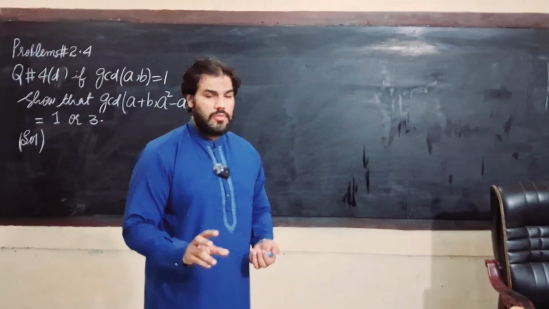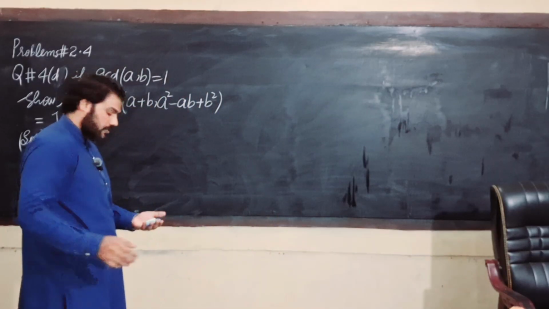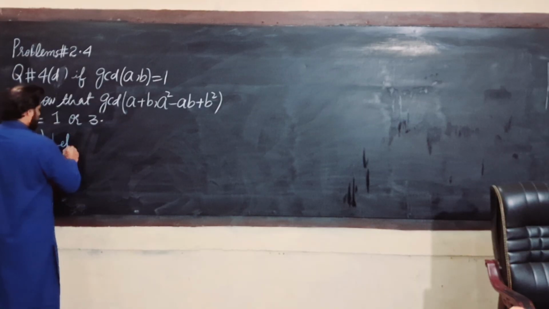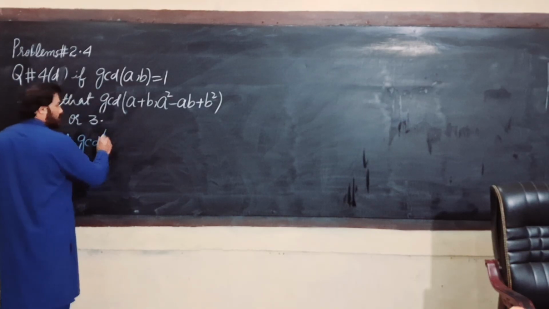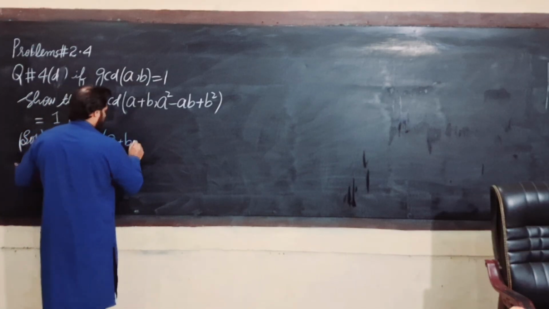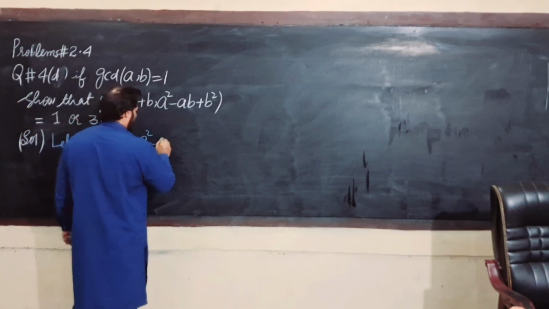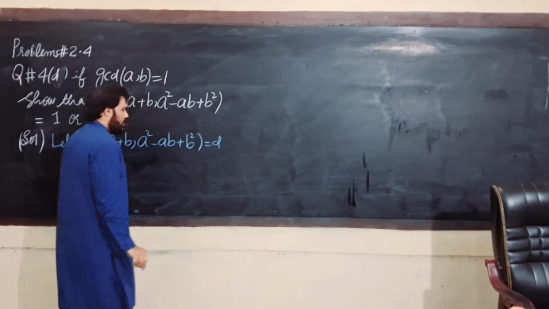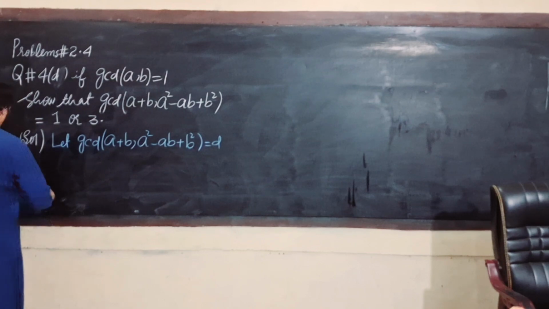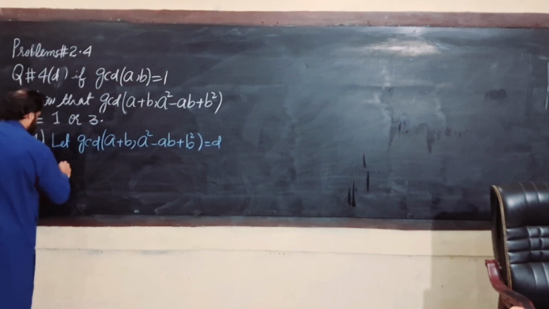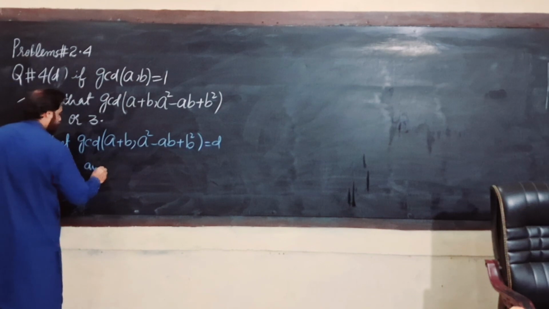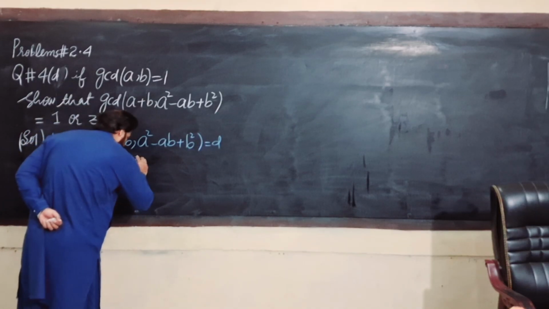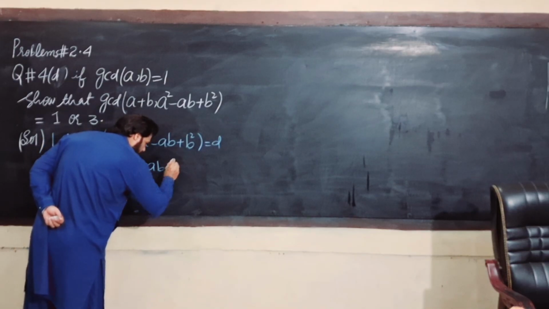We will use the same technique as we used in its C part. We suppose the GCD of these two numbers is D. Let GCD of A plus B and A square minus AB plus B square be equal to D. As D is the GCD, D must divide the numbers A plus B and D divides the second number A square minus AB plus B square.